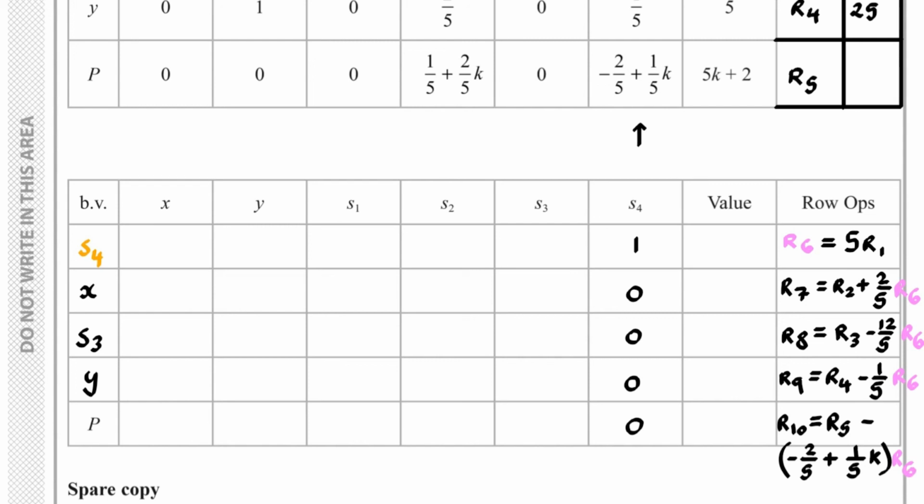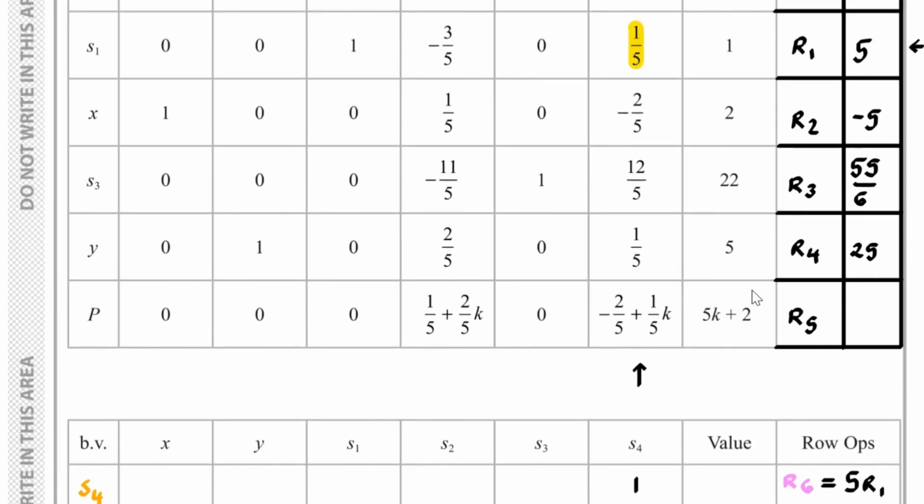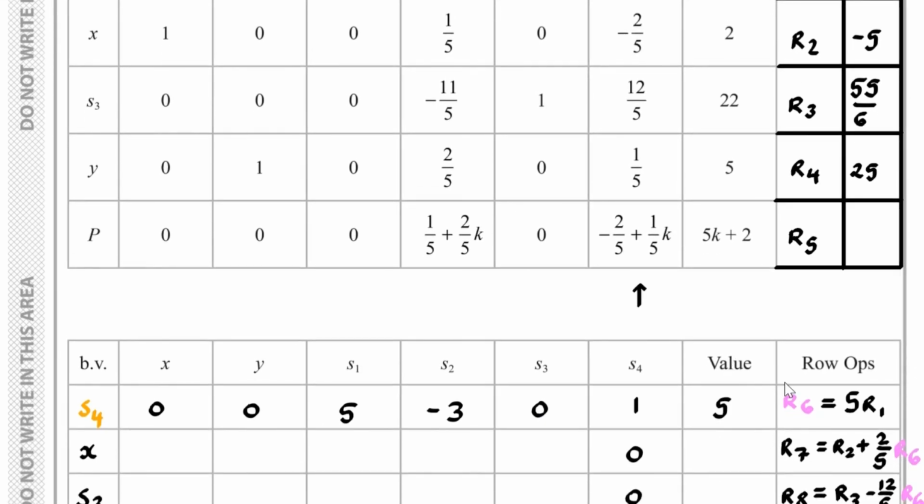So now we have enough information to complete the row operations. So first of all, let's multiply each of the top row by 5. So if I do that, we end up with 0, 0, 5, minus 3, 0, and then 5. Now, for the next one, we take R2 and then we add on 2/5 times R6.